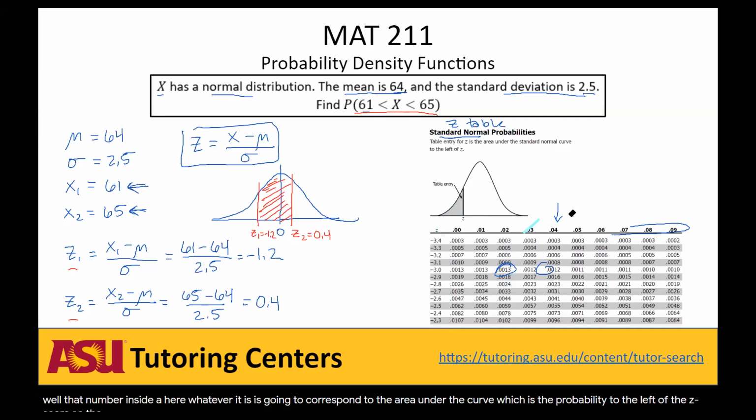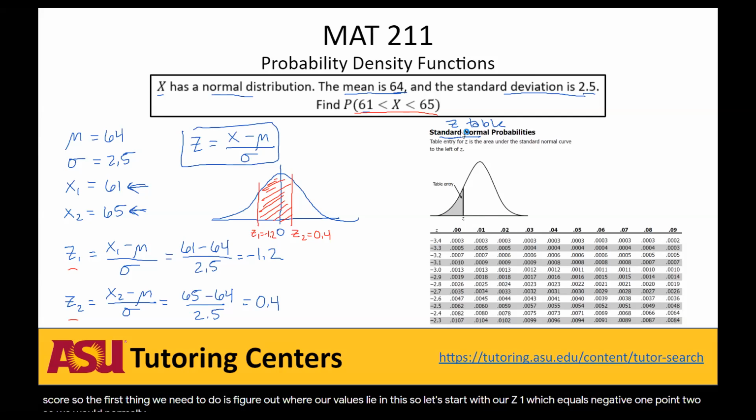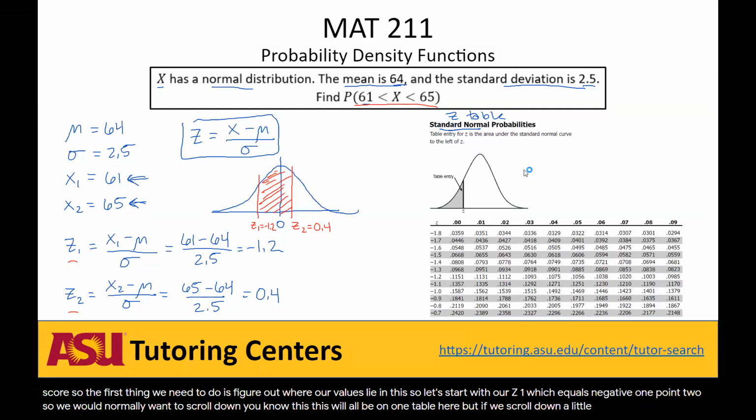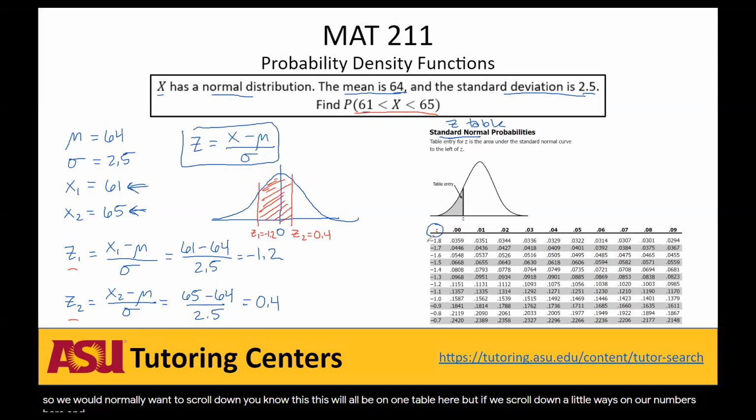So the first thing we need to do is figure out where our values lie in this. So let's start with our Z1, which equals negative 1.2. We would normally want to scroll down. This will all be on one table here. But if we scroll down a little ways on our numbers in this column, we find that we have negative 1.2.